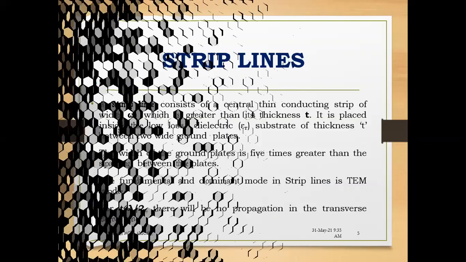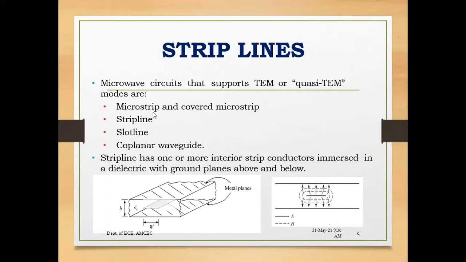Now, as I've told you, we'll be studying microstrip line, strip line, slot line, coplanar line. In this, again, you have parallel shielded strip lines. Here a strip line has one or more interior strip conductors immersed in a dielectric with ground planes. The same figure is shown in a different way. You have thickness.